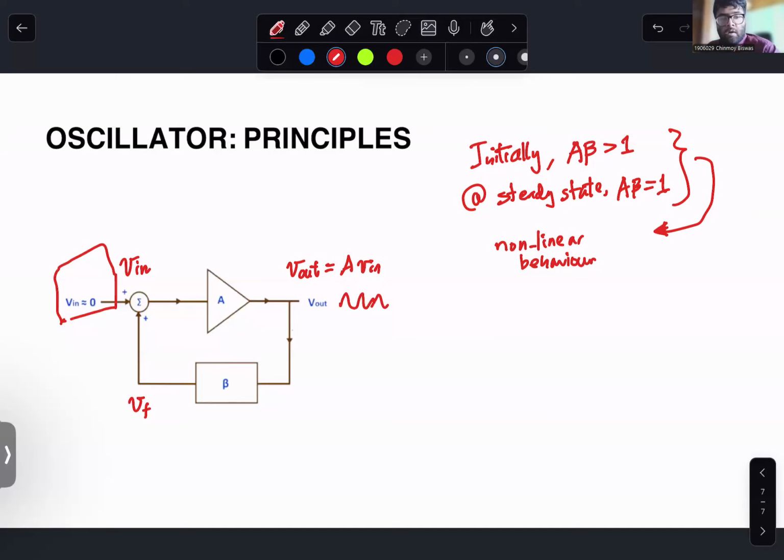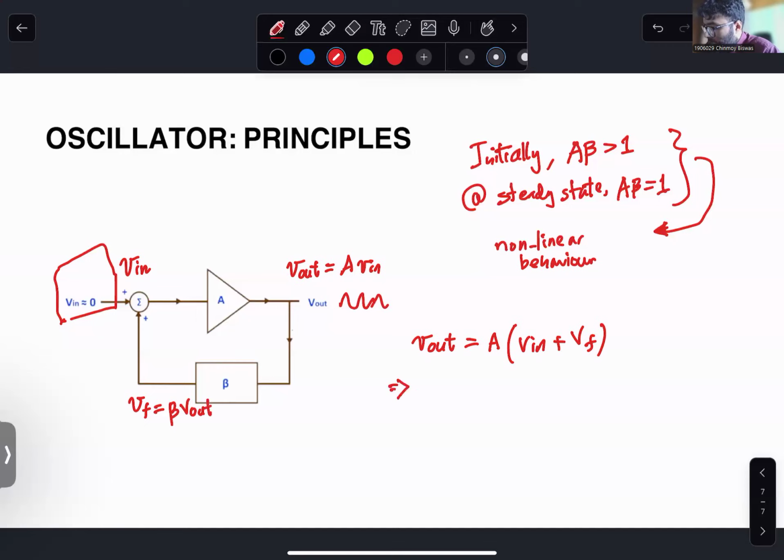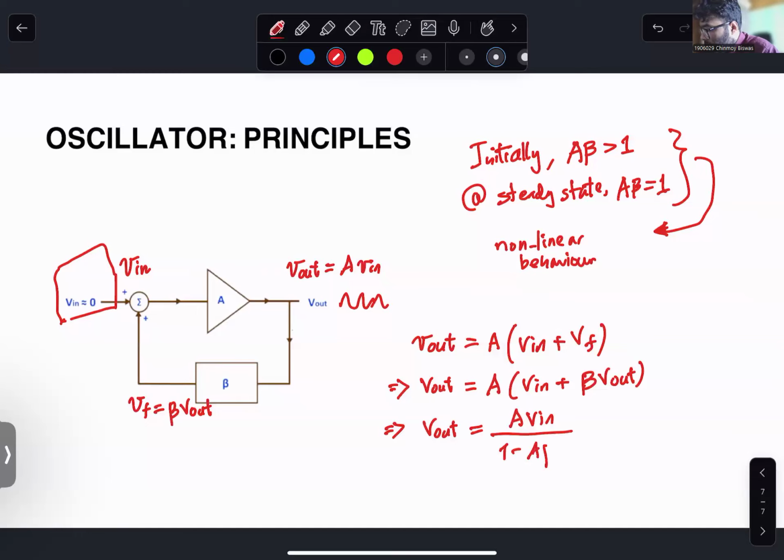Then when VF will get added to V in, so V out can be written as A times V in plus VF. But VF can itself be written as beta times V out. So we get V out equals A times V in plus beta times V out. Now substituting, we get V out equals A times V in divided by 1 minus A beta.